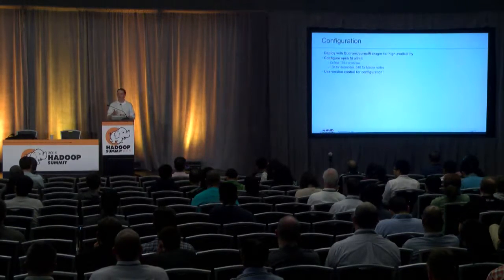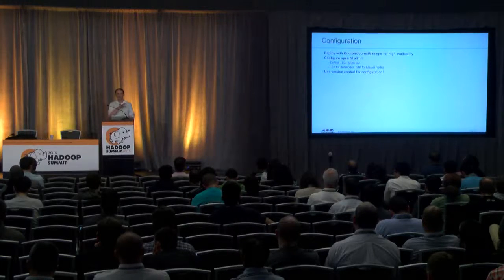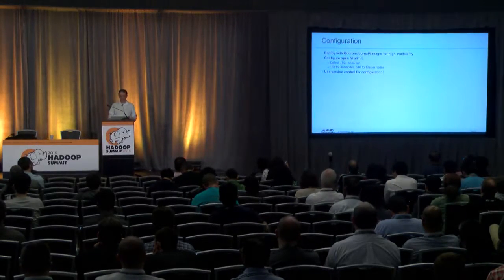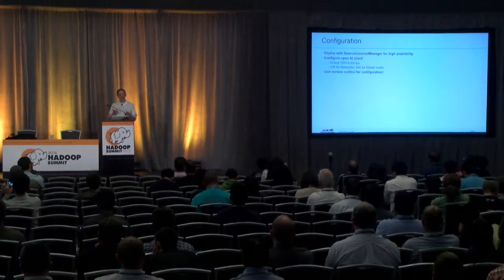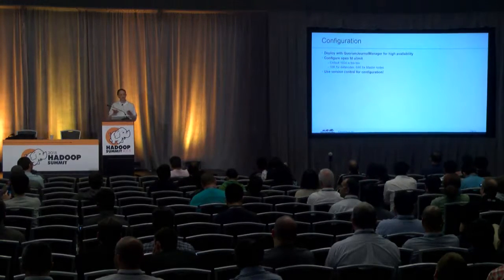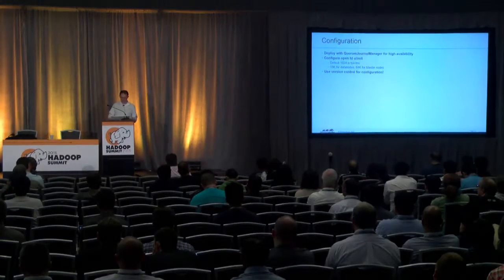So we're capable of failing over in case the active name node goes down. Clients also are aware of failover and have the capability to switch over to the new name node so that things like jobs in progress don't experience a failure.